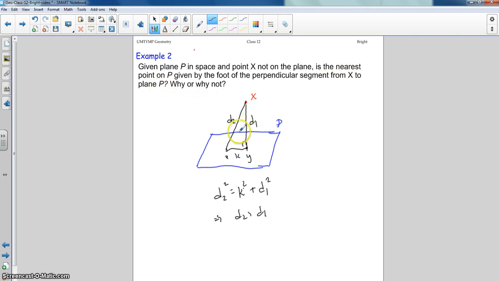Our reasoning would be, let Z be another point on plane P. Then we can construct these lines, and by the Pythagorean theorem, it shows that the distance from X to that other point is greater than the distance from X to that foot, and that's enough justification for this problem.